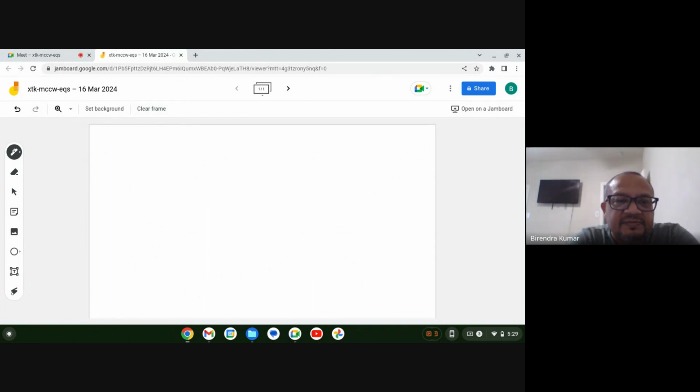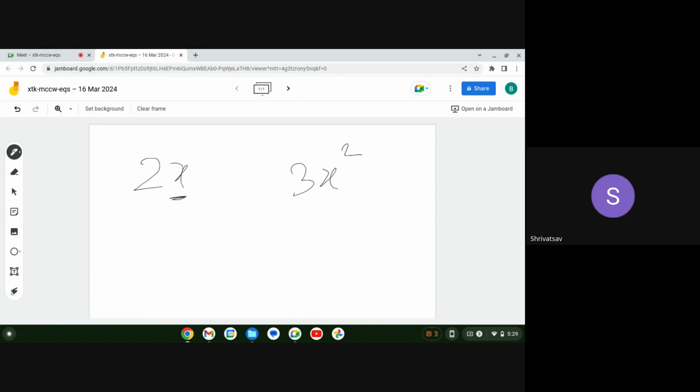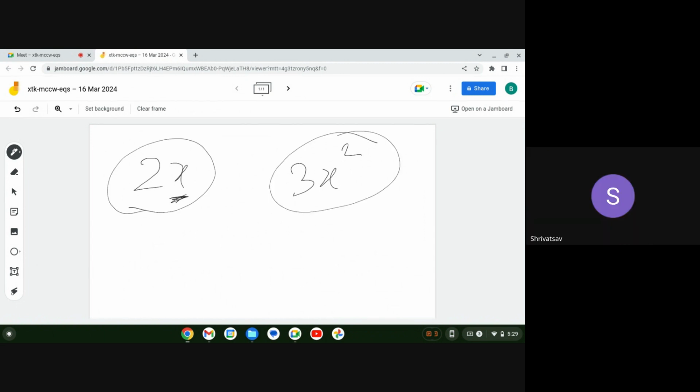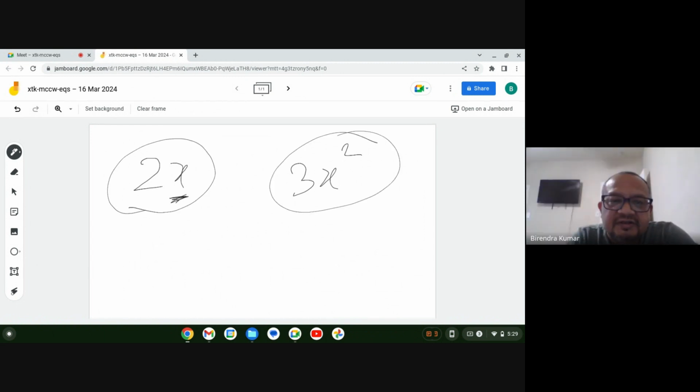If you're looking at an expression, what is the exponent of x here? What is the power of x here? What is the power of x or exponent of x in case of this? One. In case of this, two.